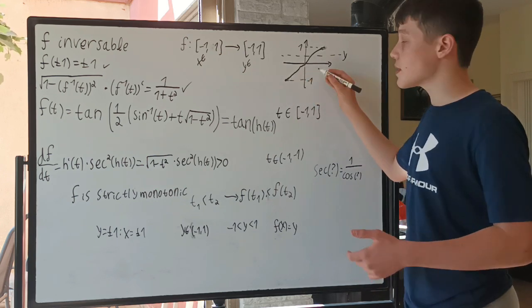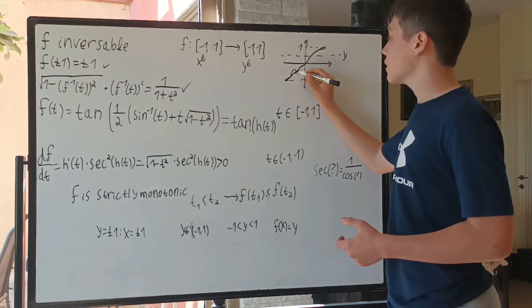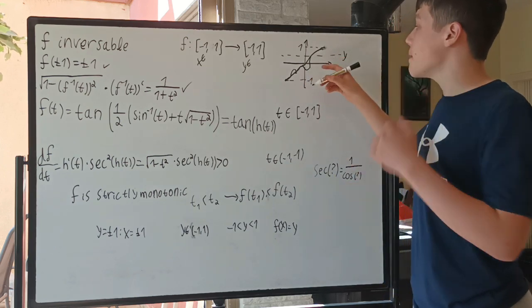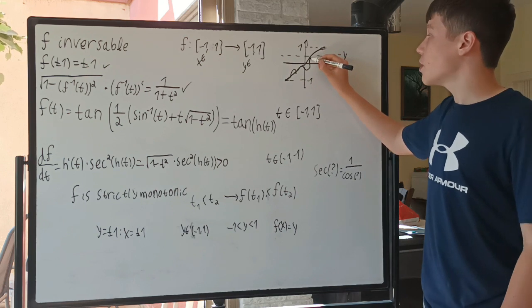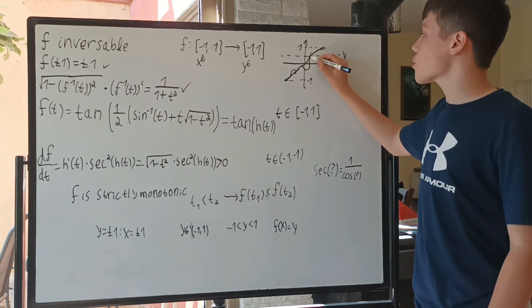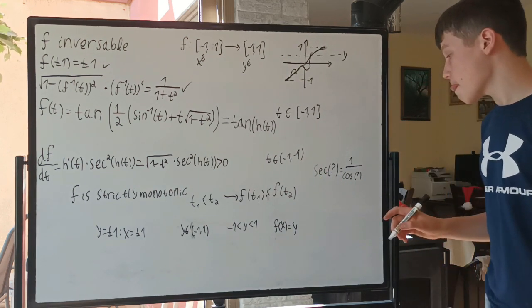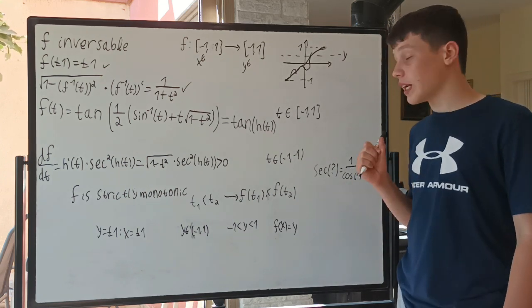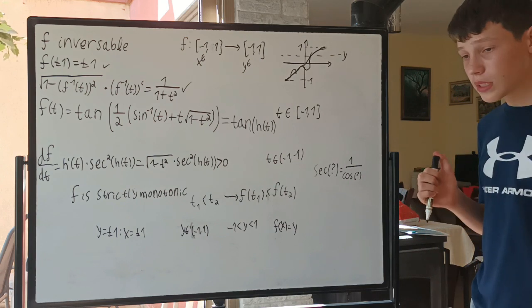Maybe, even if it's not monotonic, you have little humps here, but eventually, because you're going to have to end up at 1, you're eventually going to cross it at some point. Which is the same as saying there exists an x so that f of x is equal to y.